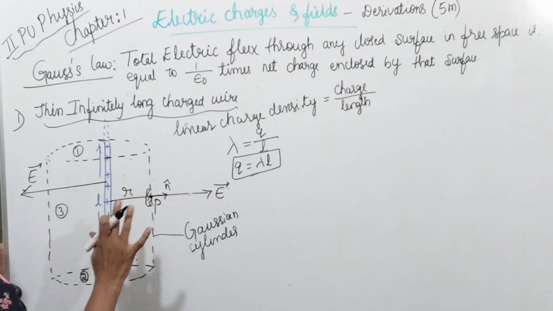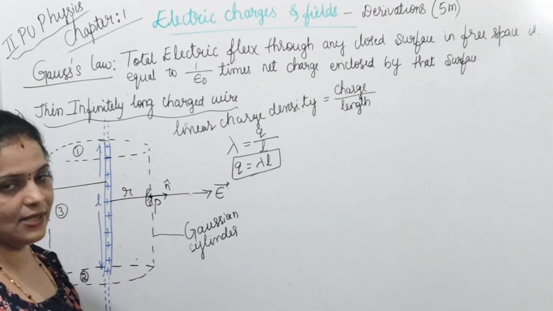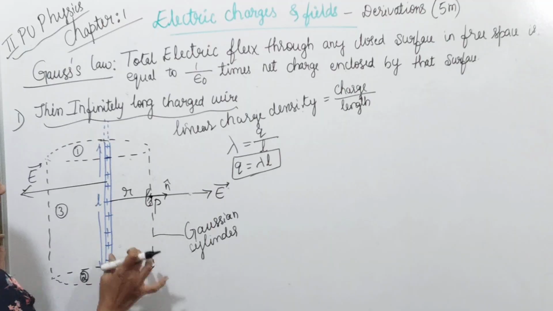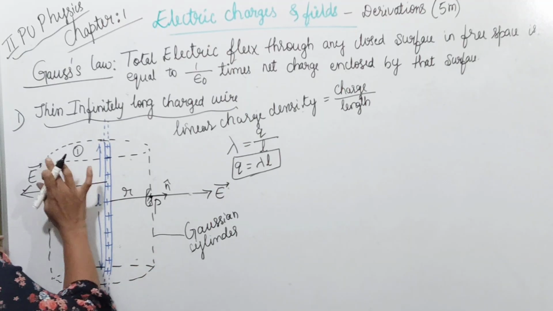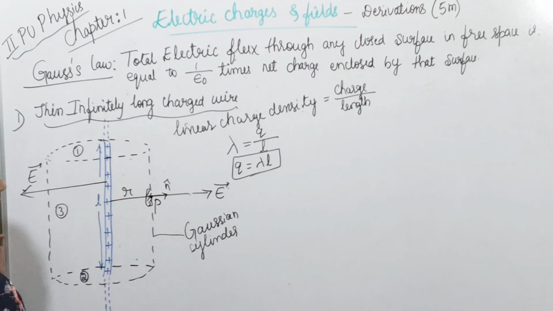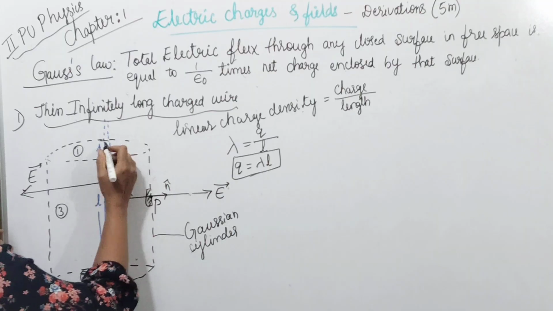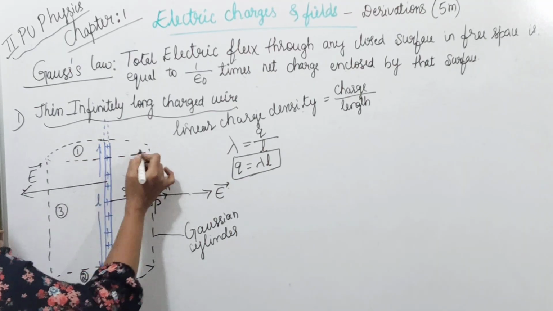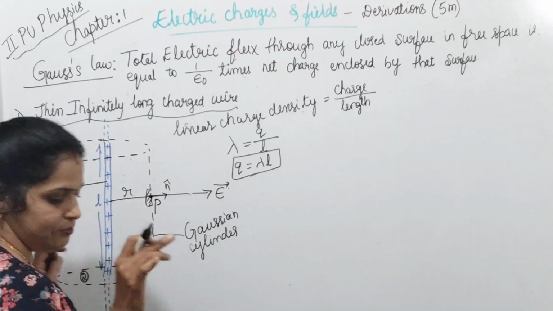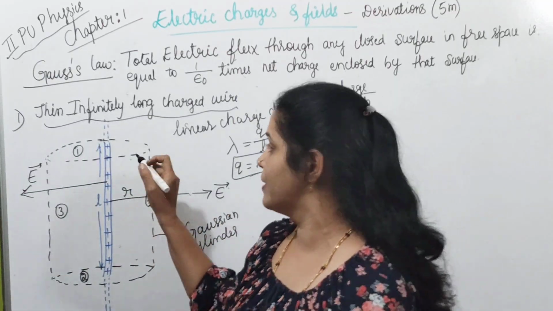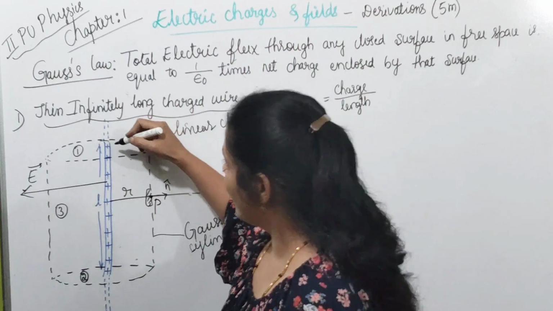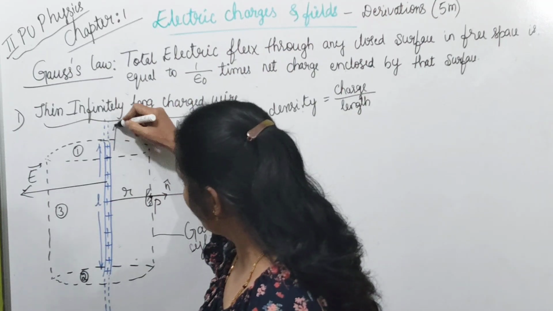Now, to find the electric field at any point, we have imagined a Gaussian cylinder. This Gaussian cylinder has three surfaces: the upper surface, the lower surface and the cylindrical surface. If you look at the upper and lower surfaces, what is the direction of area? The upper surface is a circular surface, and the direction of its area acts upward.